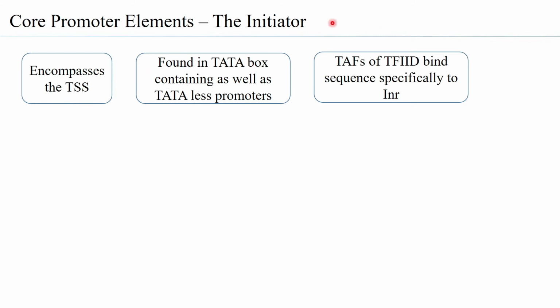This initiator region is bound by the TAFs that are associated with the TF2D complex, and the TAF binding to the initiator has been found to be sequence specific, thereby keeping with the fact that the initiator has a consensus sequence.